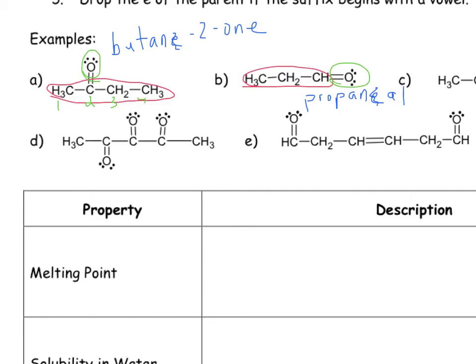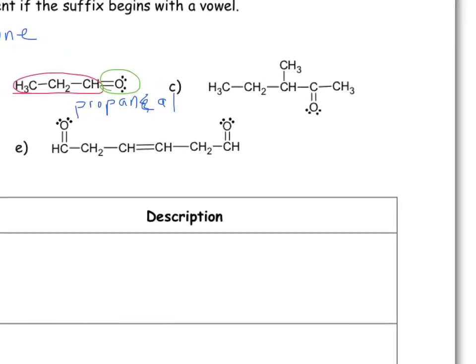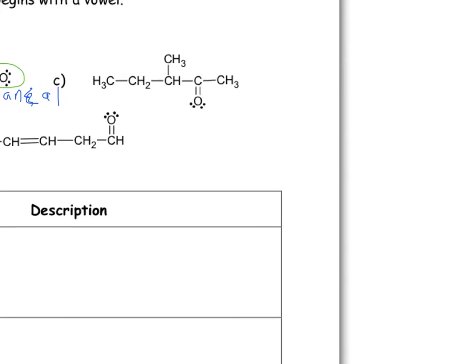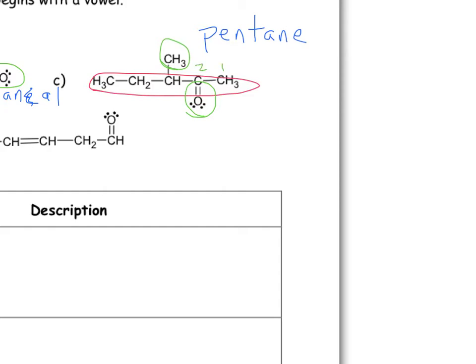Pause the video here and name molecule C, D, and E. For molecule C, the main chain is 5, giving me the root pent-. Because they are all single bonded, I would use the suffix -ane. I now need to describe the carbonyl and the methyl group attached to my main chain. The carbonyl gets the lowest number, so I would start my numbering on the right side of my parent chain.